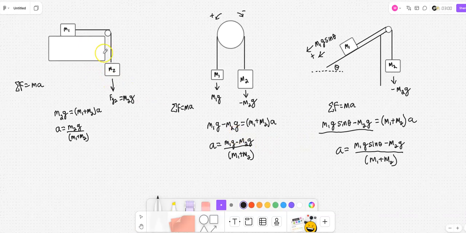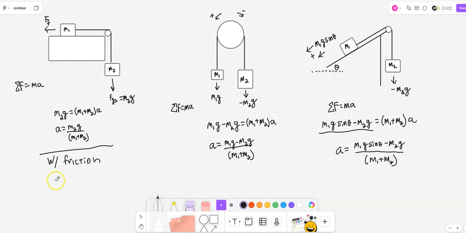When we take a look at the horizontal pulley, if we had friction acting on this box, so let's say there was a force of friction here, we would have to add that in here. So let's say with friction, we could bring that in.